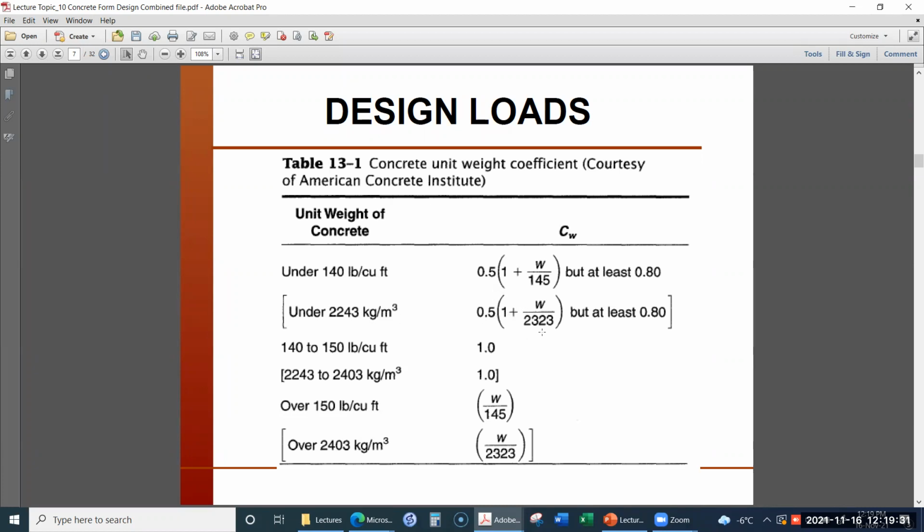Whatever value we get should not be less than 0.8. If it comes out less than 0.8, we will take 0.8.